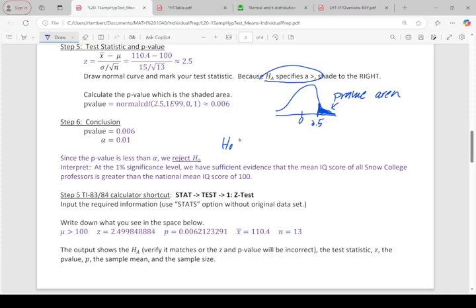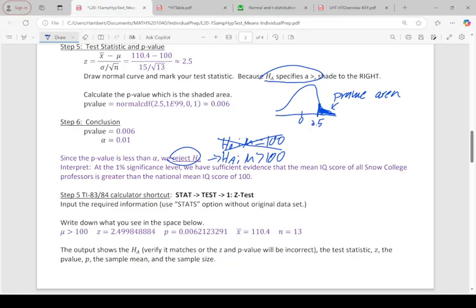What does that mean? We assume that the mean of Snow College professors is 100, just like the national mean, and our claim is that it's actually more. But when we reject it, we're going to throw this idea out the window. We don't think that's true, actually.